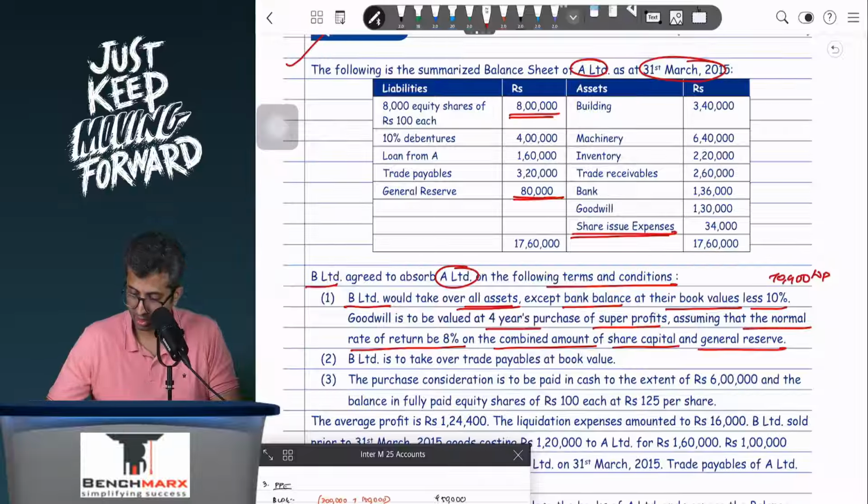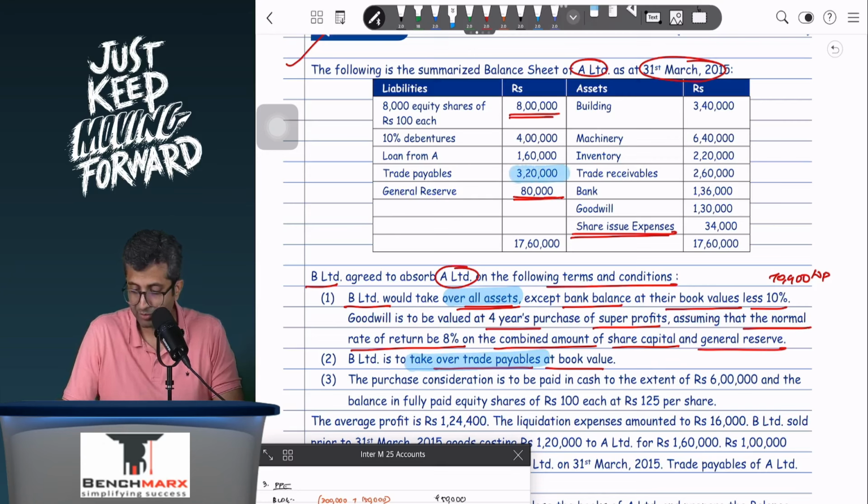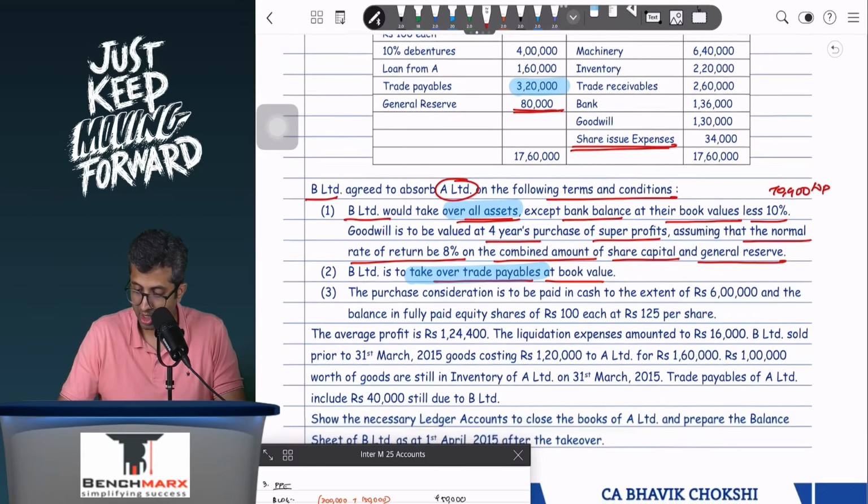B is to take over trade payables at book values. So they have said that B will take over all assets and then B will take over trade payables at book values. So okay, they will take over trade payables. Maybe nothing is given regarding debentures. The purchase consideration is to be paid in cash to the extent of 6 lakhs and the balance in fully paid equity shares of rupees 100 each at 125 per share.